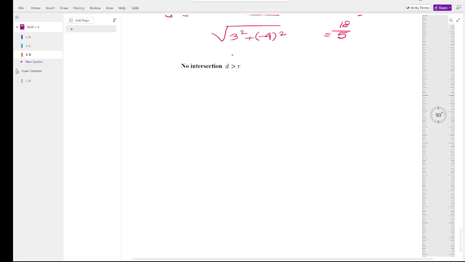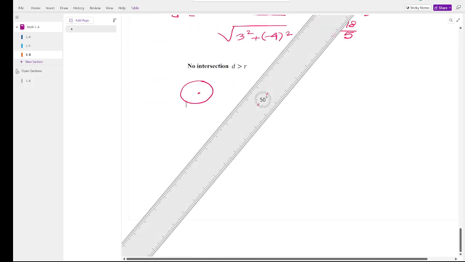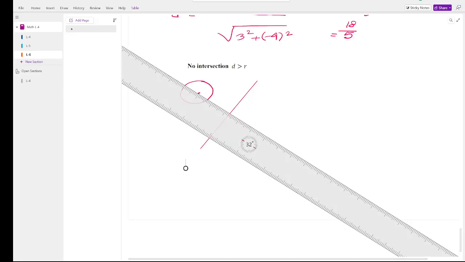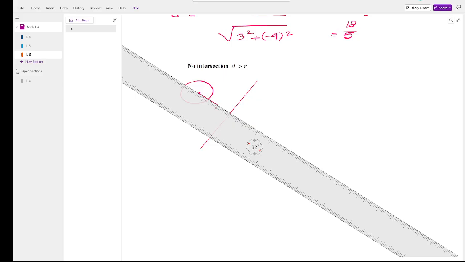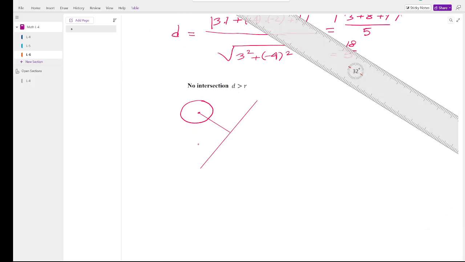It means this is the circle, and this is the line and this is the distance.